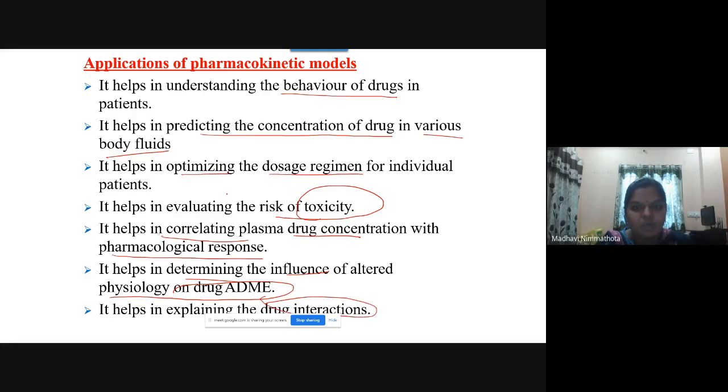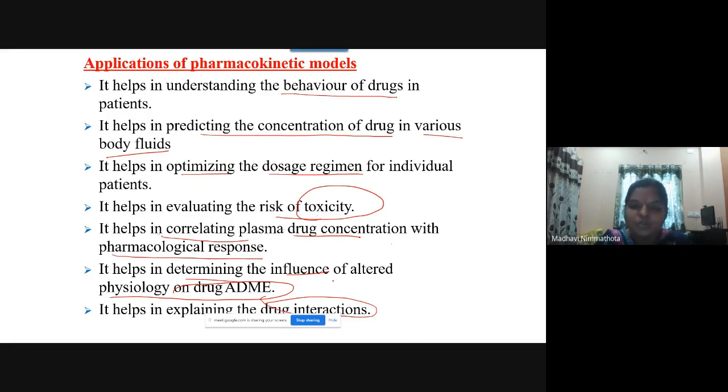See how many applications and advantages there are by knowing these kinetic models. It is very simple. Once you go through it, just remember the points I highlighted here: behavior of drugs, predicting the concentration, optimizing the dosage regimen, analyzing the toxicity, and correlating the plasma drug concentration versus pharmacological or therapeutic response.